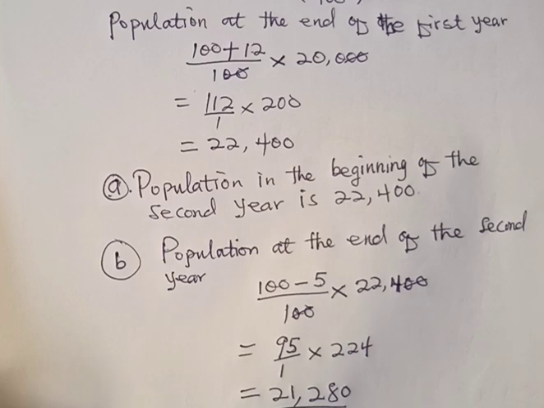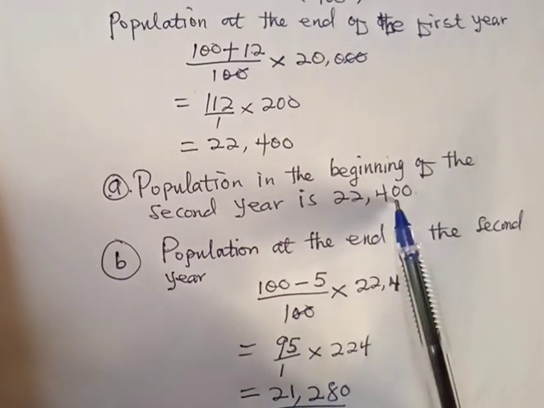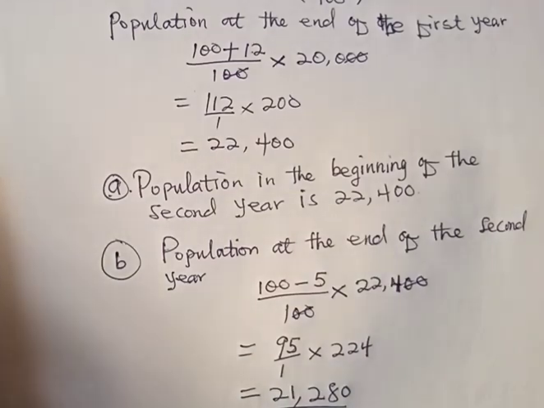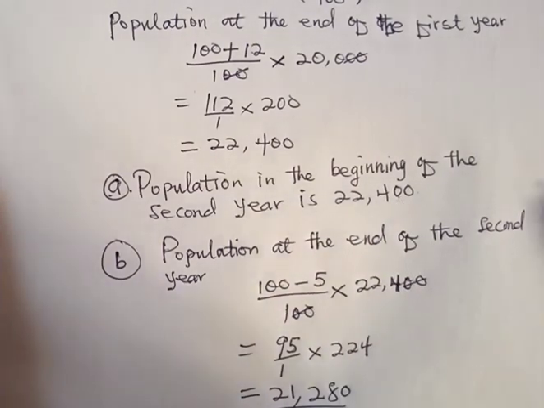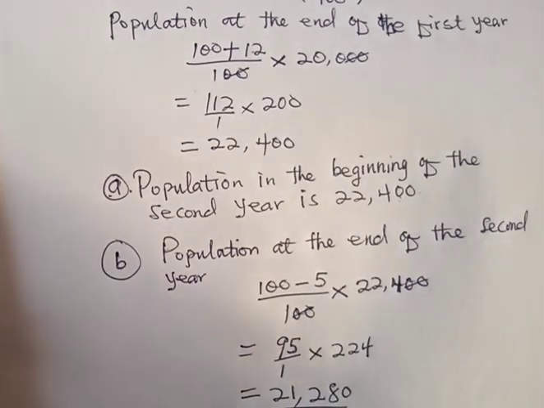Great. So it means that the initial population, which was 22,400, has been reduced to 21,280. And in what percentage? 5%. It has been reduced by 5%.